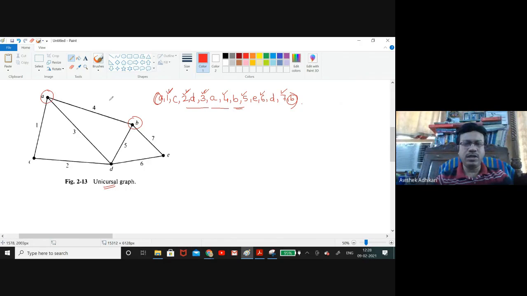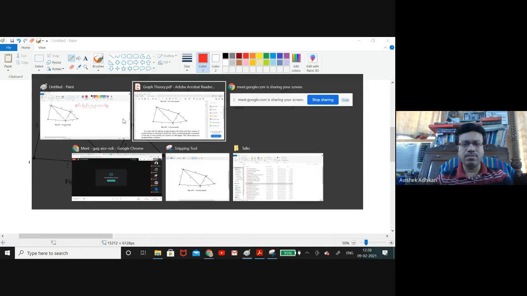But it's a unicursal graph in the sense that you can have a walk through which you can explore all the edges exactly once. Now this theorem tells you about some properties of unicursal graph.